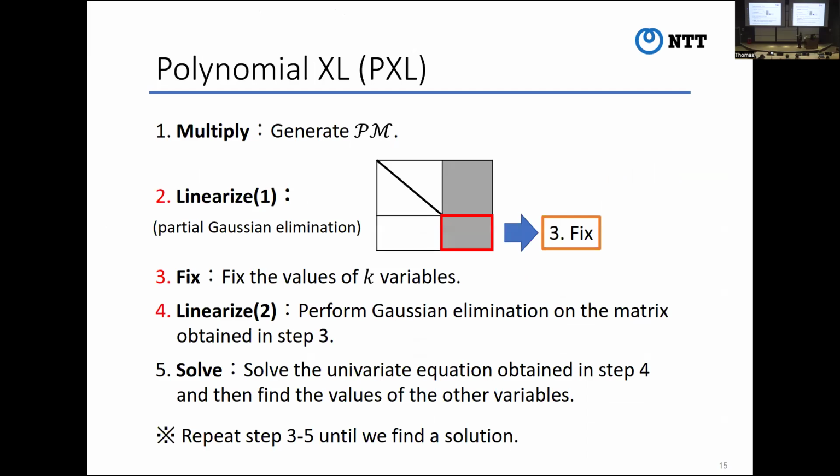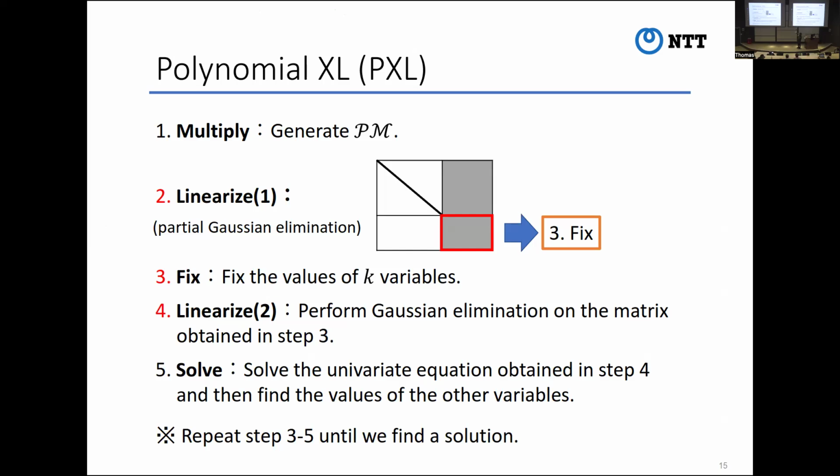Then the proposed algorithm, polynomial XL, PXL, can be written like this. First, we generate the Macaulay matrix over the polynomial ring, PM. And then, as I said before, we partly perform the Gaussian elimination, and by doing so, we can transform the Macaulay matrix into this form. And after that, we only focus on this lower right smaller block.